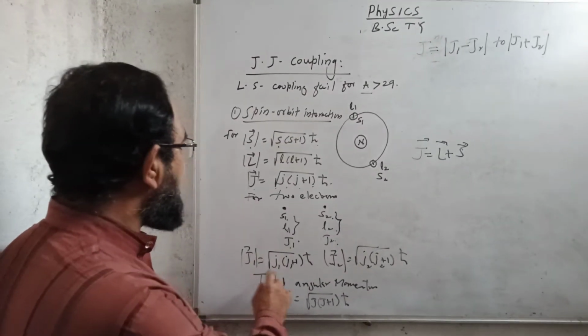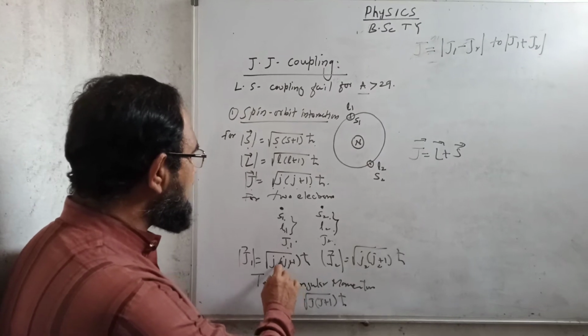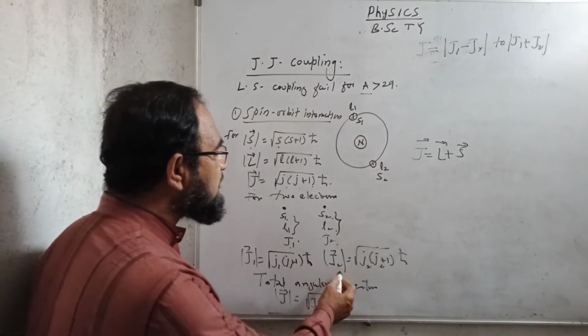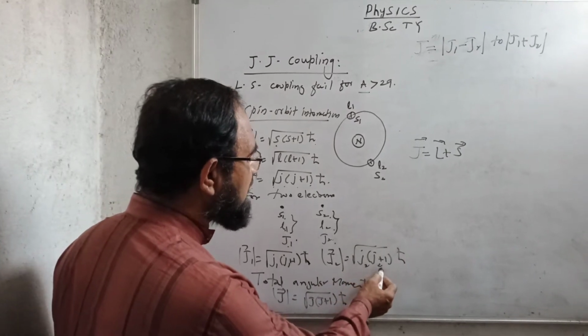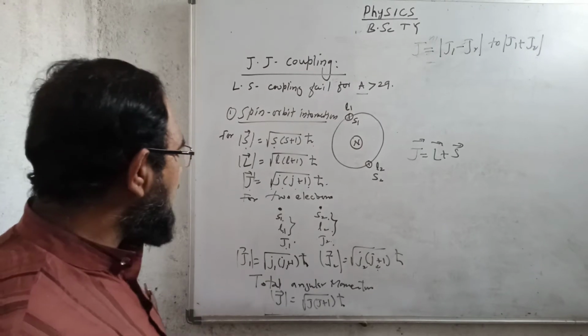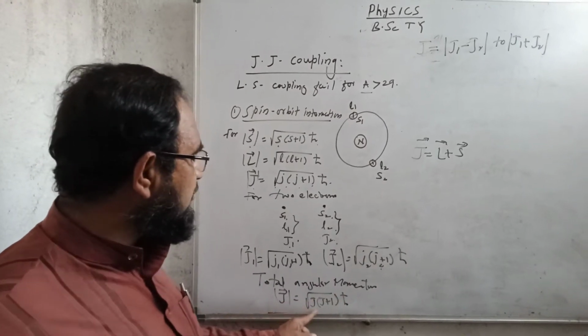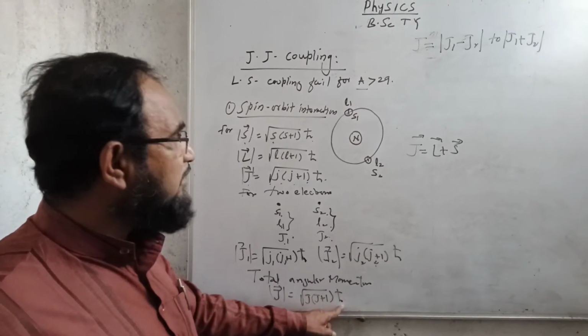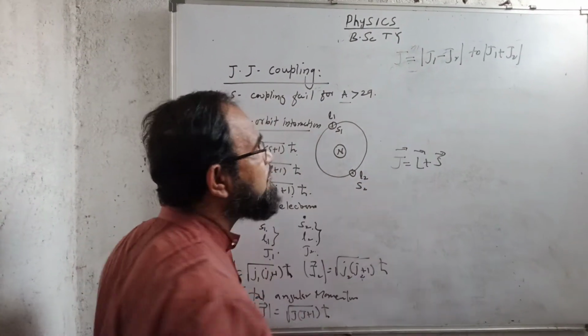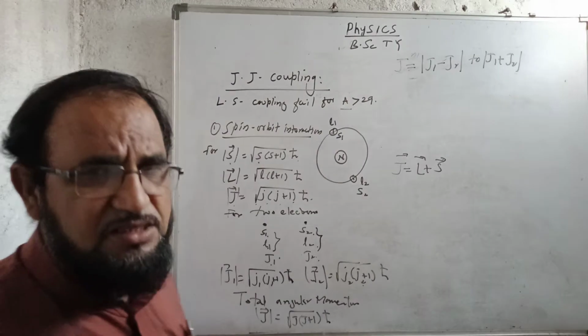The magnitude of J1 is root over J1 into J1 plus 1 times h cross. Similarly, J2 is root over J2 into J2 plus 1 times h cross. So the total angular momentum will be J equal to root over J into J plus 1 times h cross, where J varies from J1 minus J2 to J1 plus J2.